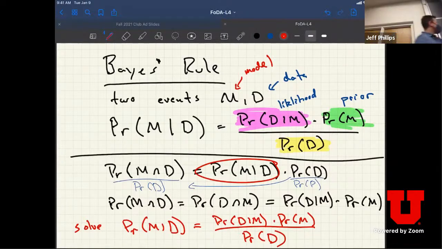And this is Bayes' rule right here. This is just a property that you can write down from conditional probability.